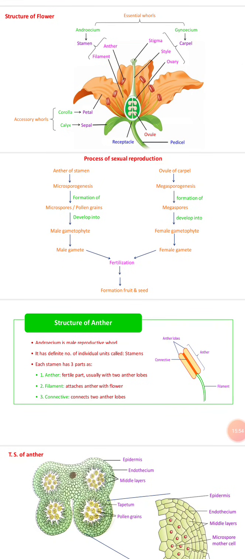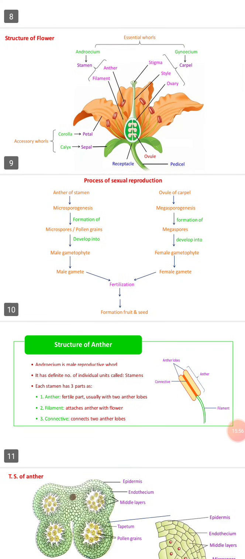So we have seen the different floral whorls: androecium and gynoecium, the essential floral whorls, and calyx and corolla, the accessory floral whorls.